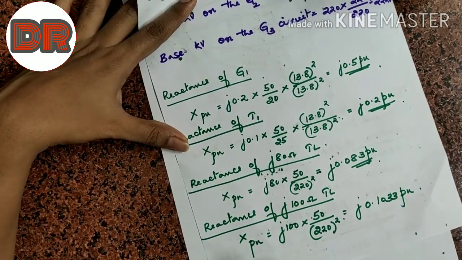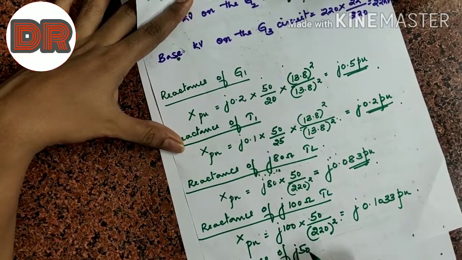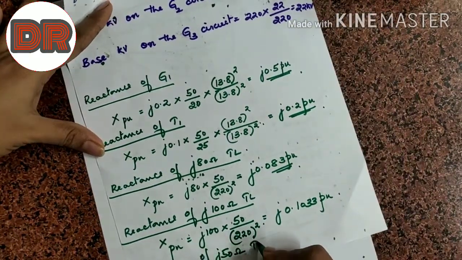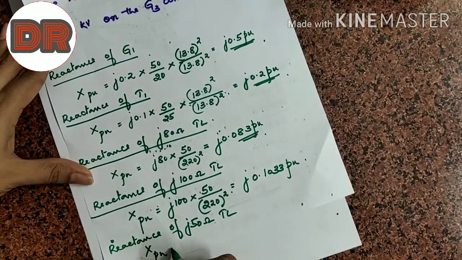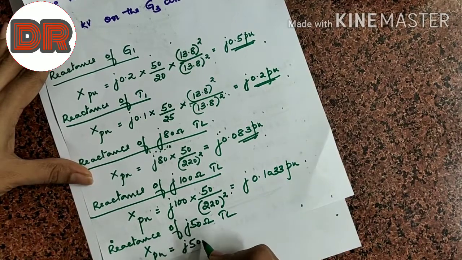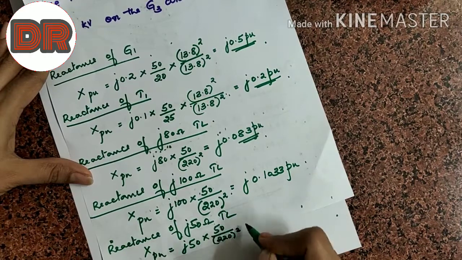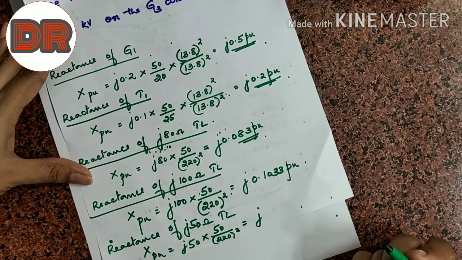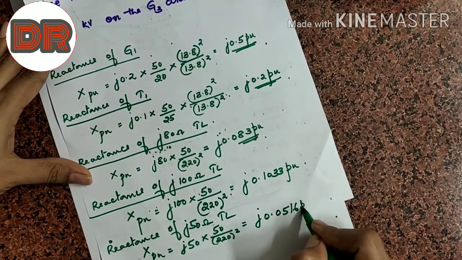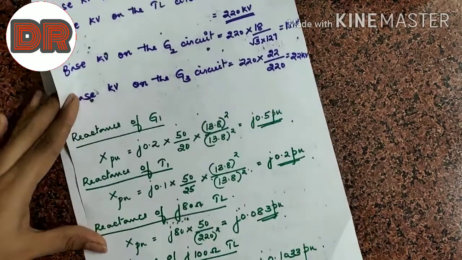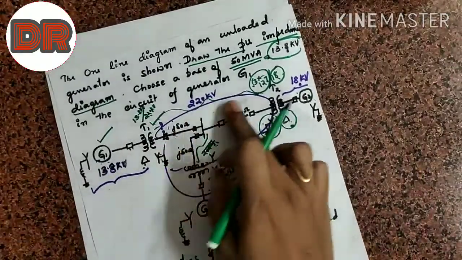Similarly, per unit reactance of the j50 ohm transmission line: X per unit will be equal to j50 into 50 divided by 220 square. So it is j0.0516 per unit. So we are done with G1, T1 and the transmission line. So we are done with this part.